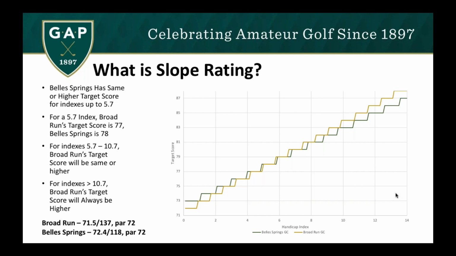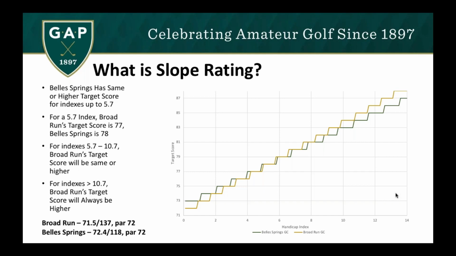So somebody who's a 0 handicap index isn't affected by slope, obviously, but somebody who's a 10 index on this particular course, they may shoot 11 over the course rating, because that score is going up slightly faster than the handicap index is. On Broad Run, which has a much higher slope rating, those scores are going up a little quicker relative to handicap index.